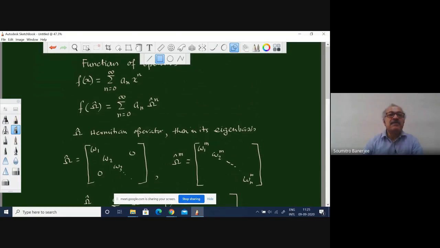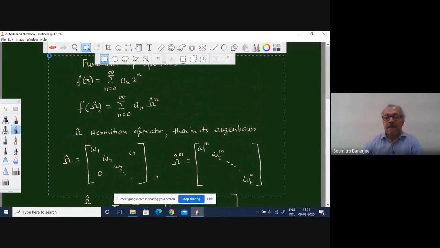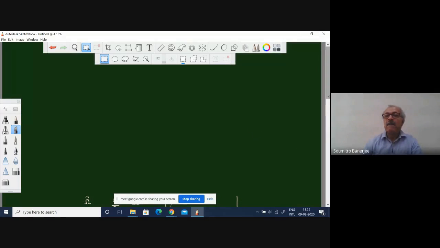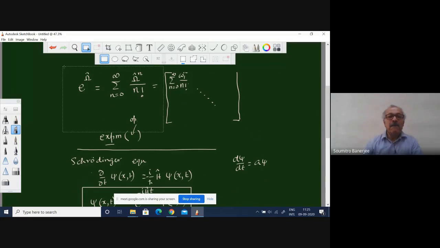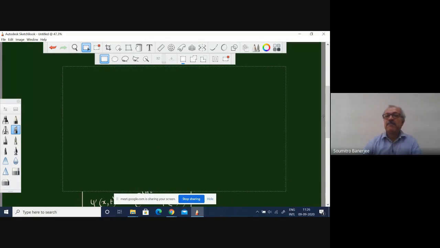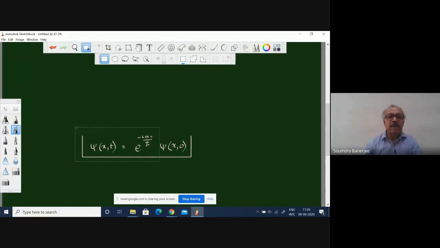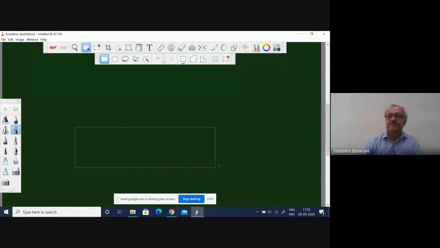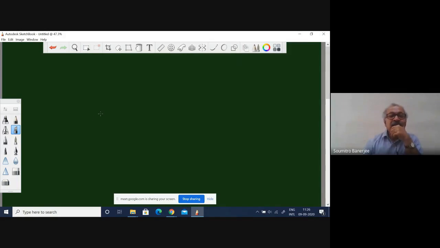Let me clear this. Okay. So far, you have learned that if there is a Hermitian operator that can be expressed in terms of basis, and the basis are the eigenfunctions of a particular operator.